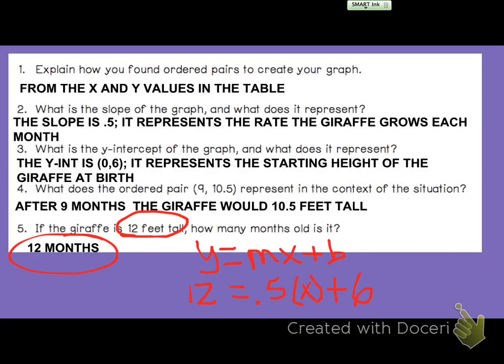So you're going to say 12 equals 0.5x plus 6. You're going to subtract 6 from both sides, and that gives you 6 equals 0.5x. You're going to divide both sides by 0.5, and you're going to get 12 equals x.